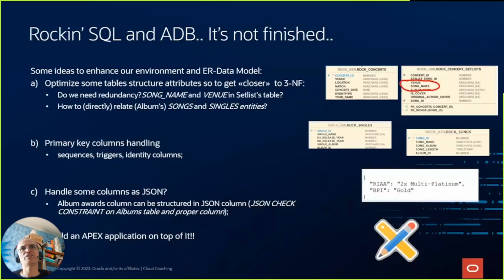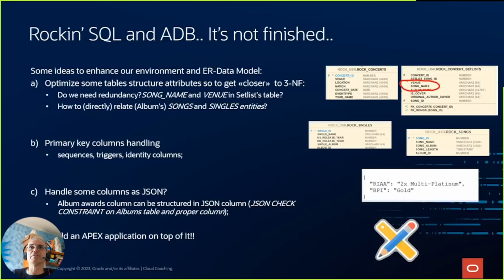So, for example, some ideas to enhance our environment and data model. These are the ones that I immediately thought about. We need to optimize some table structure attributes. We need to optimize our entity relationship data model, and to clean up some data columns, some attributes that are redundant between tables.